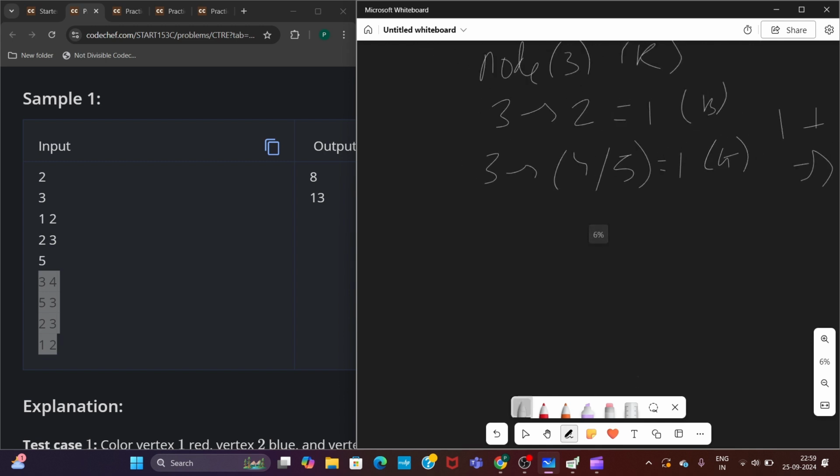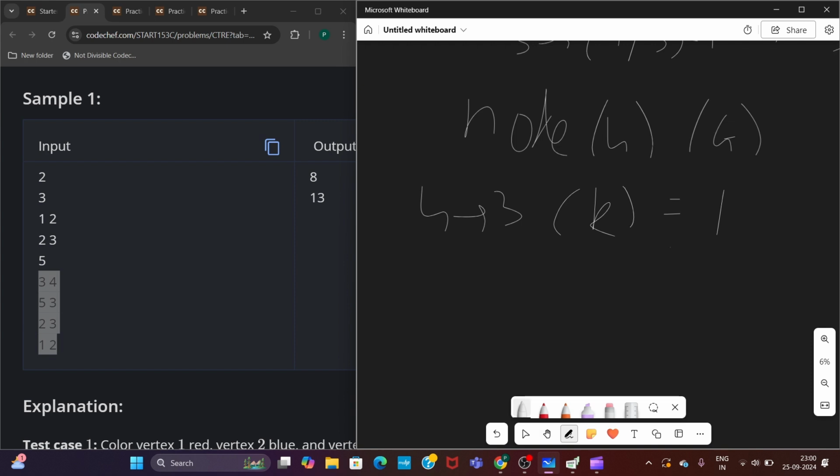So let's write over there is our node 4, which is green in color. So our closest red over here is basically 3. Okay, 4 to 3, our closest red is 1.